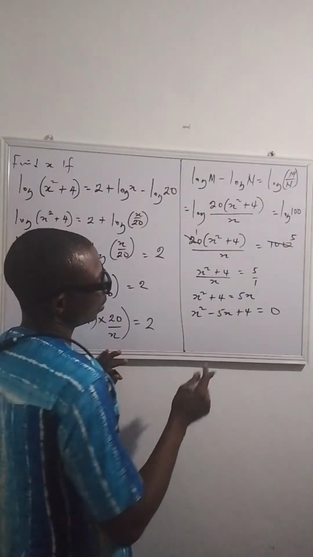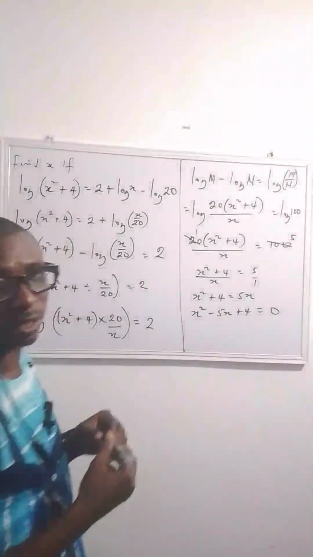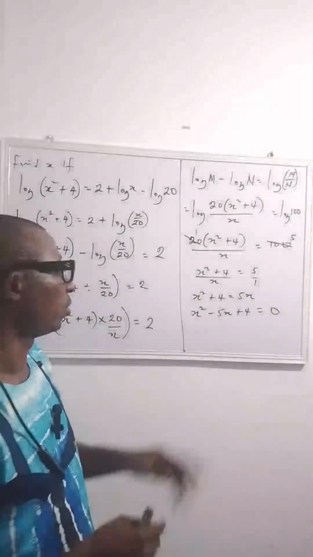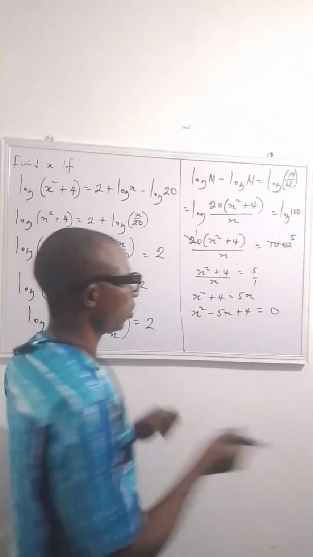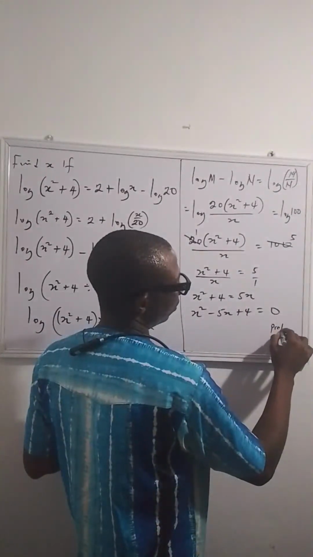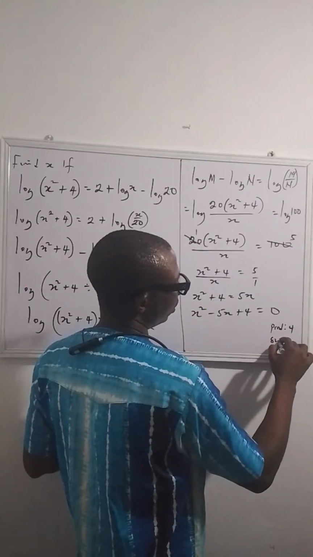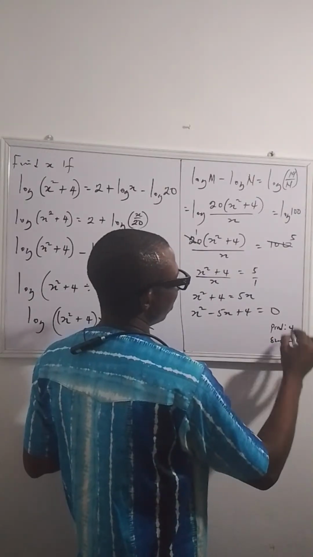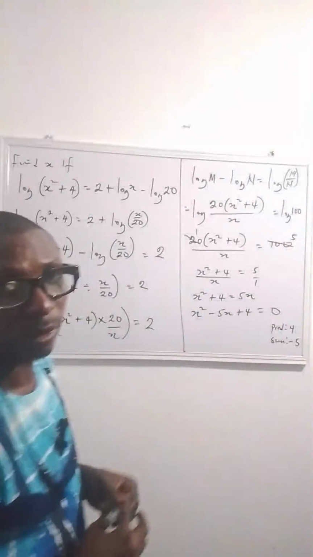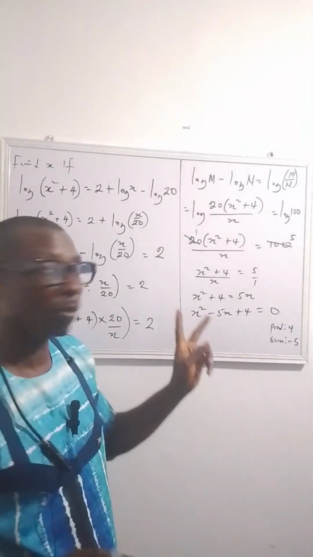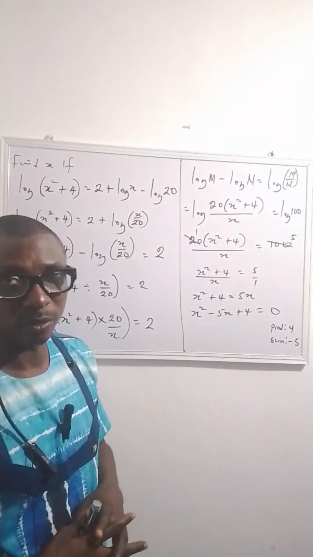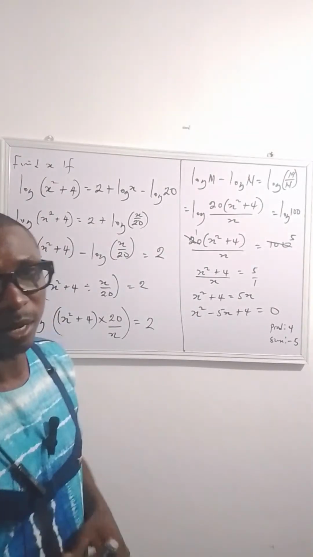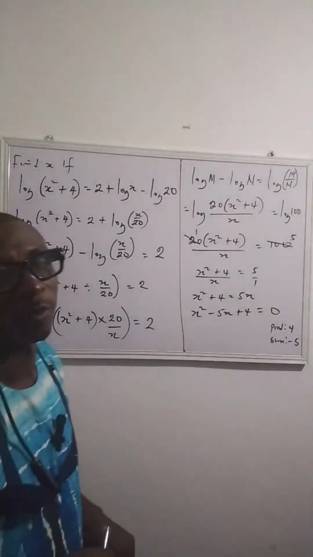You just look for two numbers such that when you multiply together, you're going to have 4. That's your product. Product is 4 and sum is minus 5. So the two numbers such that when you add together you have minus 5, you multiply together you have plus 4.